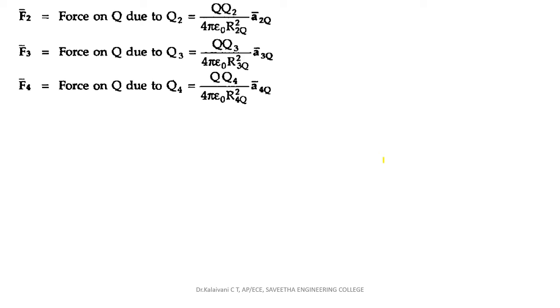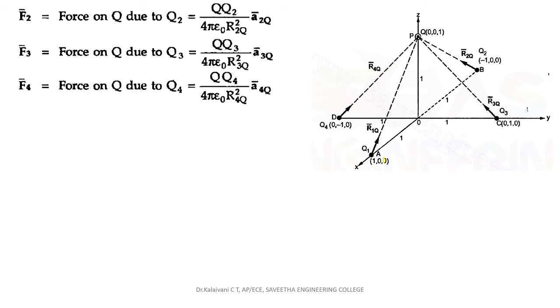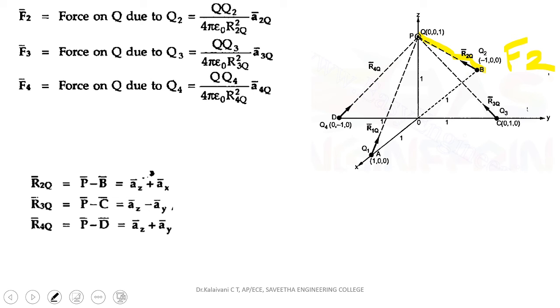What is the next step? I have to find F2, F3, F4 separately. When we find F2, we have to find R2Q. F2 is here, then F3 will be here and F4 will be here. R2Q is P minus B, so it is az plus ax vector.